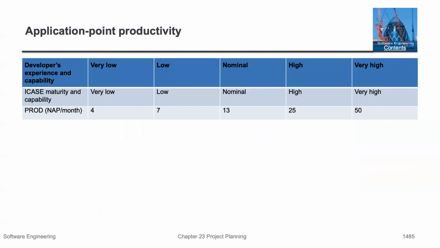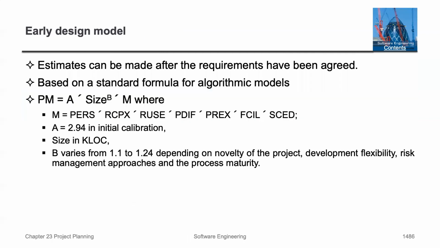So relatively speaking, it's still a kind of simple equation. And here are some details in terms of the application point productivity. You have the developer's experience and capability listed, and it gives you a range, and then there are point values that can be associated with that for the prod.